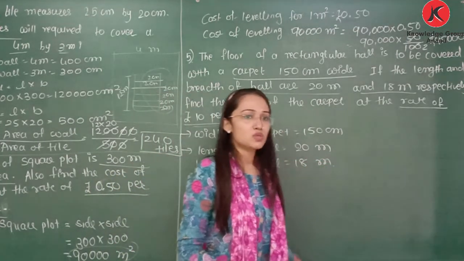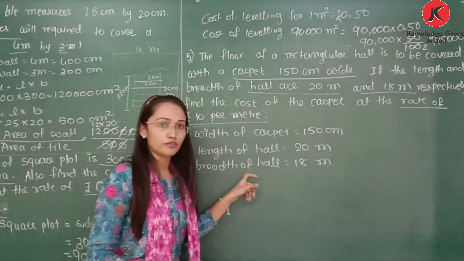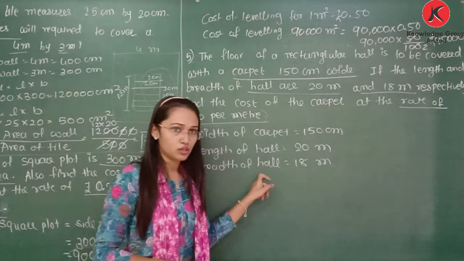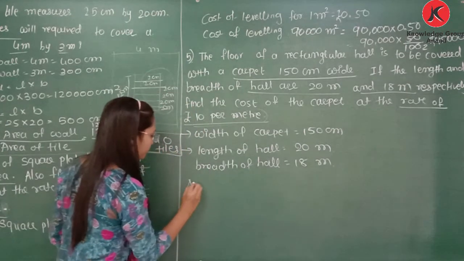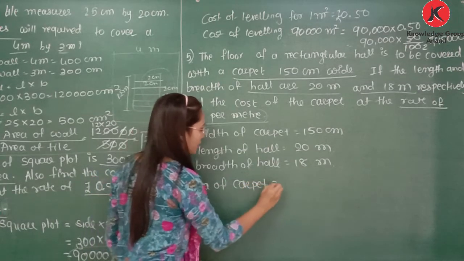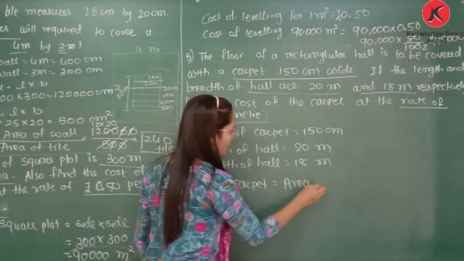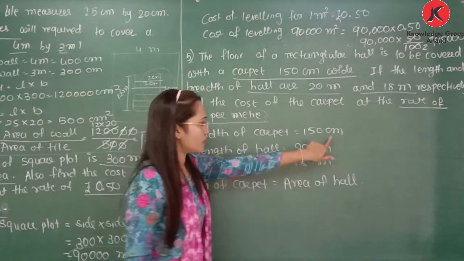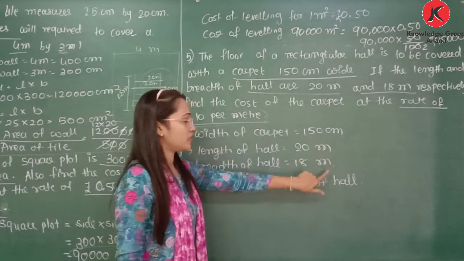Now carpet is placed on the floor of the hall, which means area of carpet will be equal to area of the hall. So we can write area of carpet will be area of hall. But you can see this measurement is in centimeter, and these are in meter.